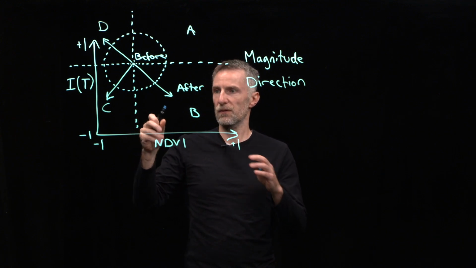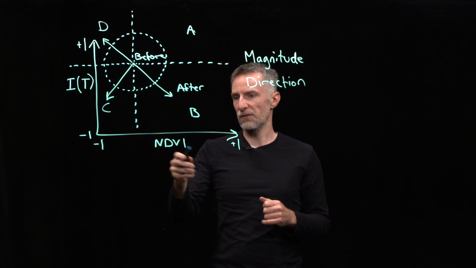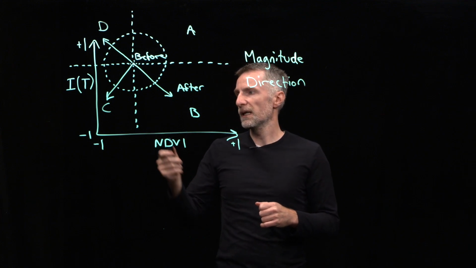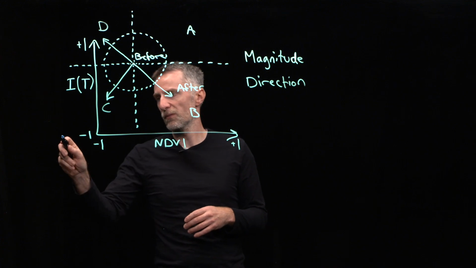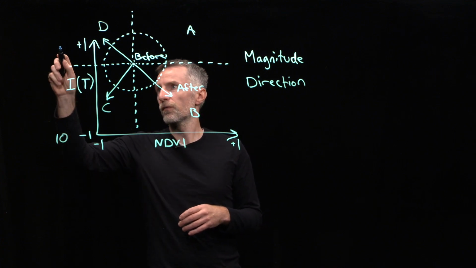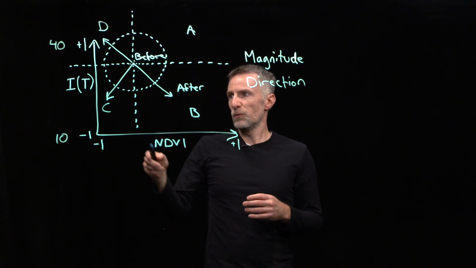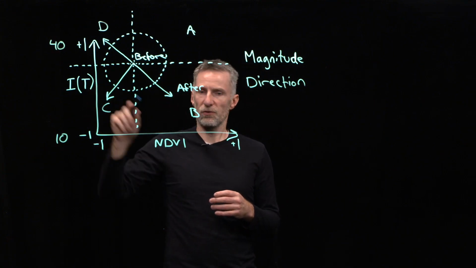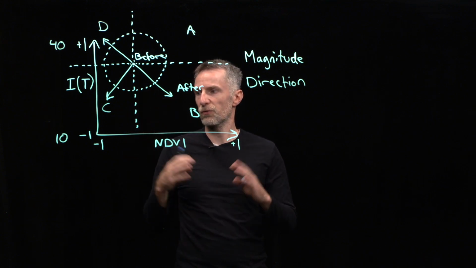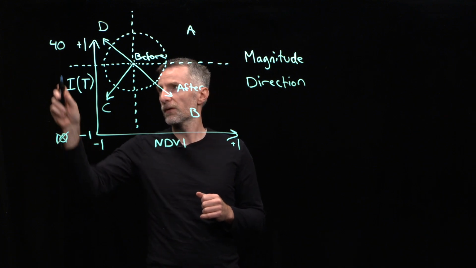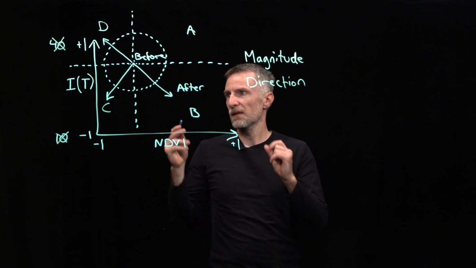If we have values with very different ranges, for example, if we had NDVI, which ranges from -1 to +1, and we have surface temperature in maybe degrees Celsius that ranged from 10 to 40 for the image in question, it would be the magnitude of the temperature change that would dominate the total length of the change vector. So we don't want that. We want to have similar value ranges along both axes.